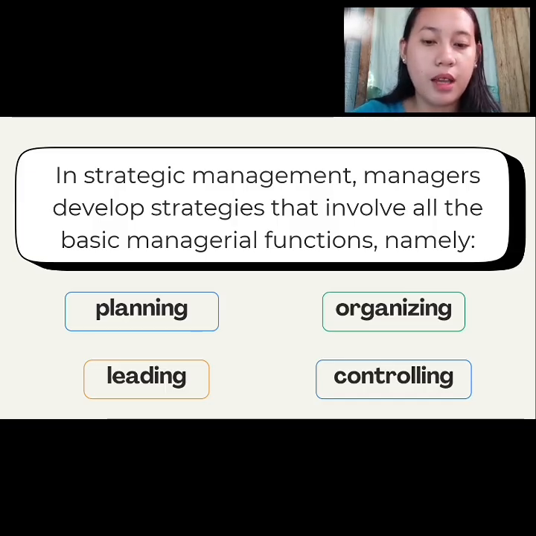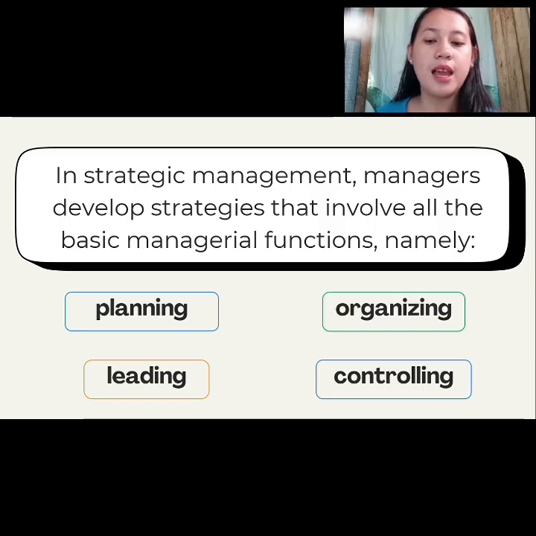So, planning helps organizations to set directions, to provide action, to allocate resources effectively, and to anticipate challenges and achieve goals efficiently.